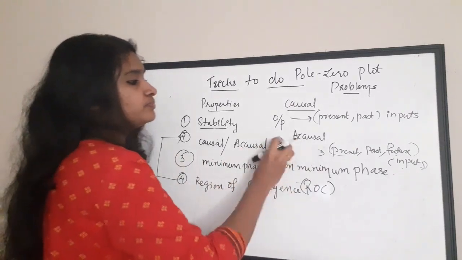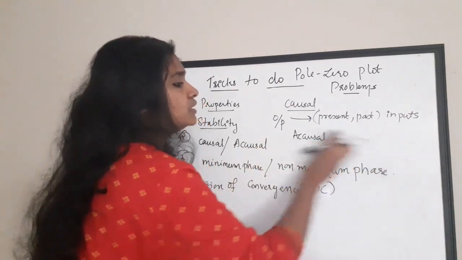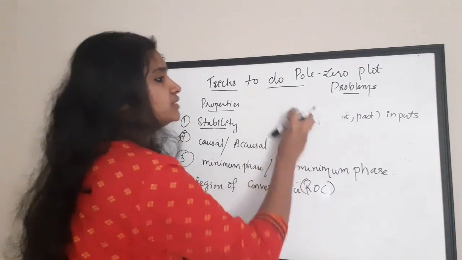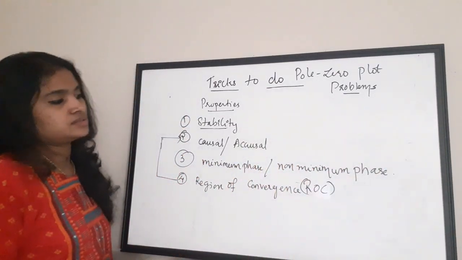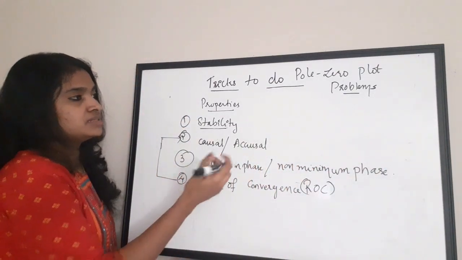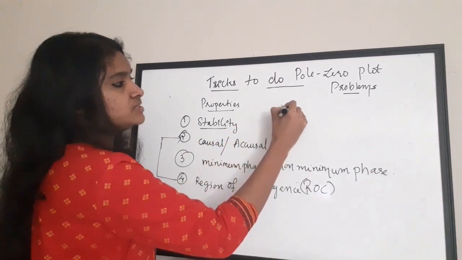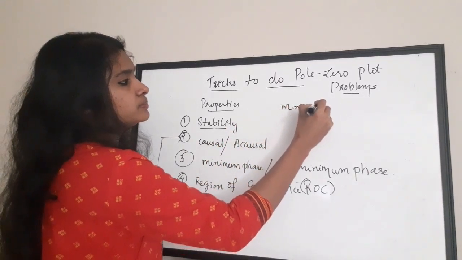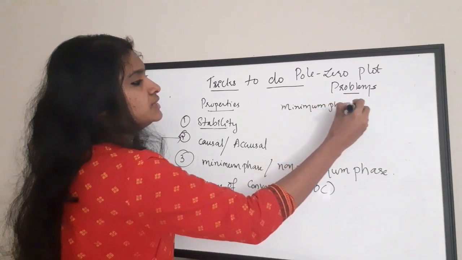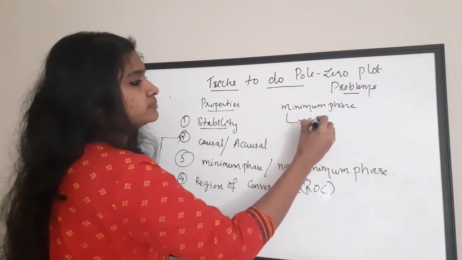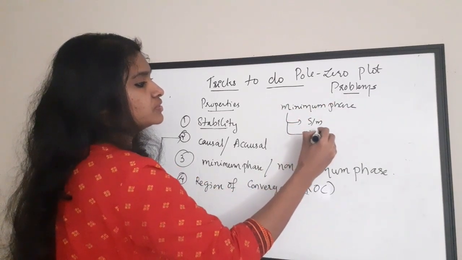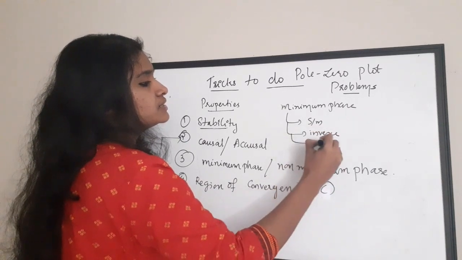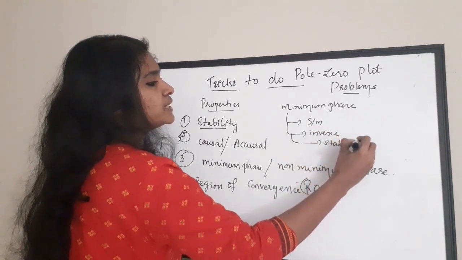Okay, now let us talk about the minimum phase and the non-minimum phase systems. Minimum phase system means that if the system is minimum phase, then the system and its inverse are stable plus causal.